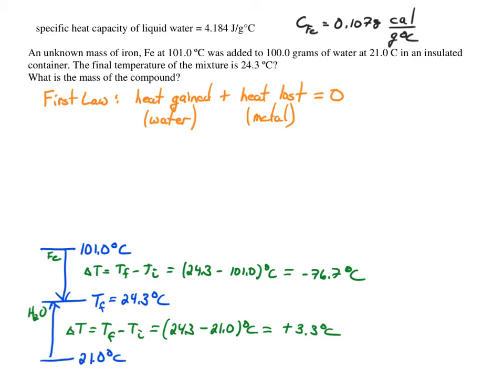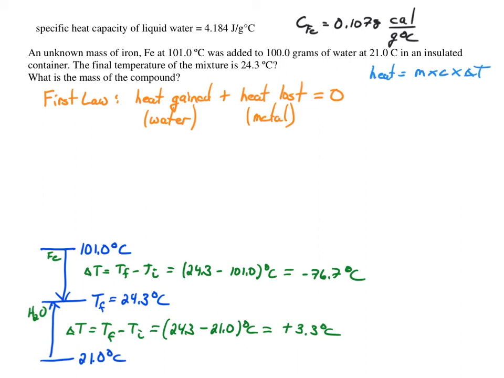The heat in each case refers to the heat involved in the temperature change, which we know is going to be the mass times the specific heat times the delta T. Now, this is going to apply to two different situations, the water bath and the metal.